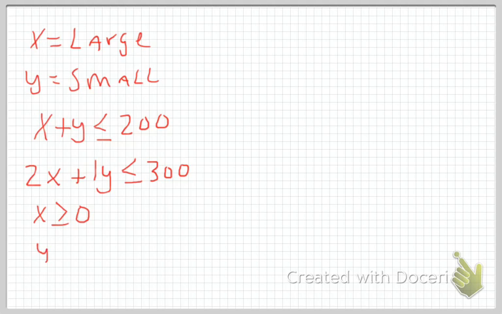And the small tins, y, has got to be greater than or equal to 0. So we want to find out what combination of small tins, which is y, and large tins or containers, which is x, will produce the maximum amount of profit based on this equation.